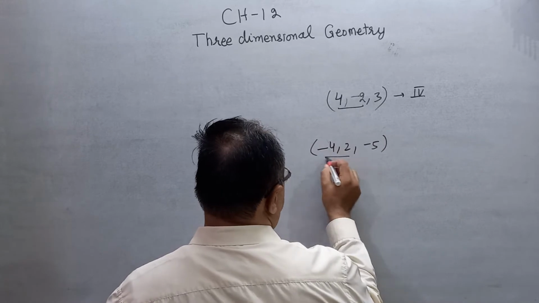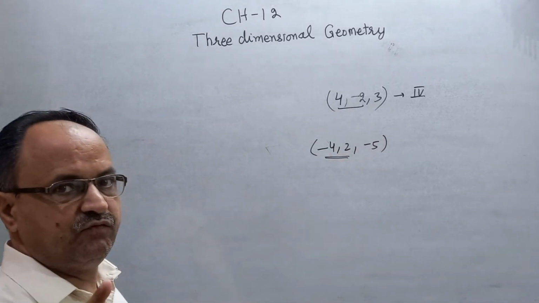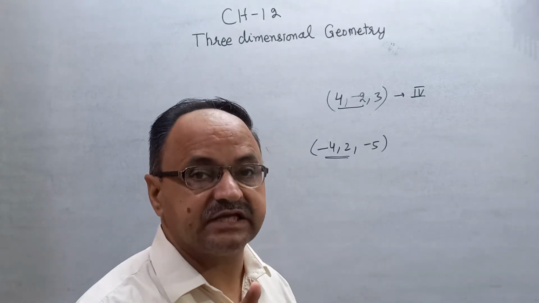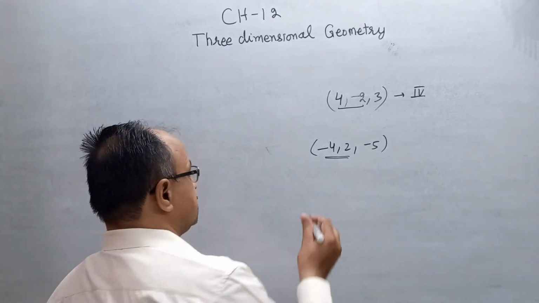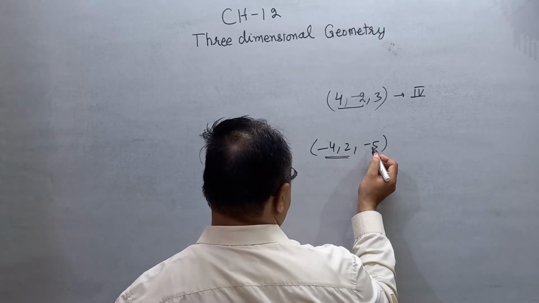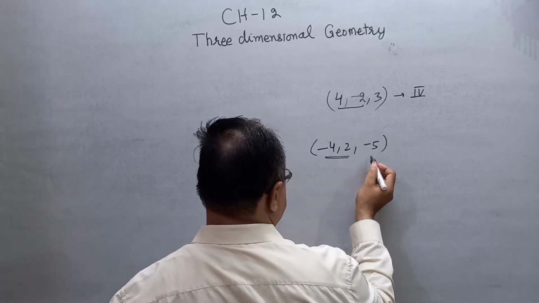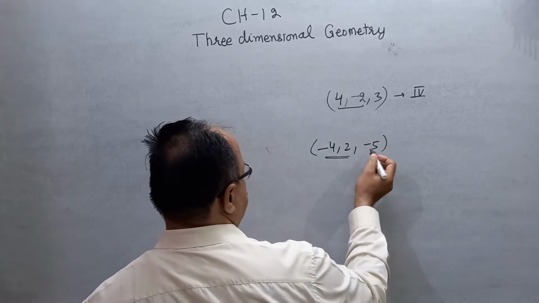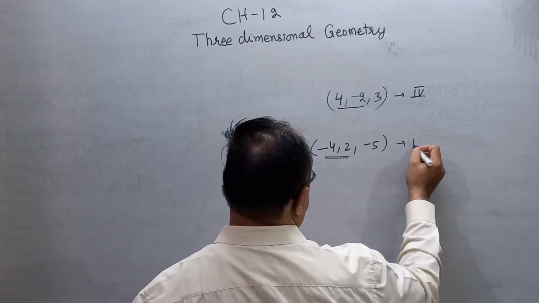Firstly check these 2 coordinates. X negative, Y positive, second quadrant. And you know that if z is negative, then below the second, you know very well, sixth quadrant. Therefore it is sixth.